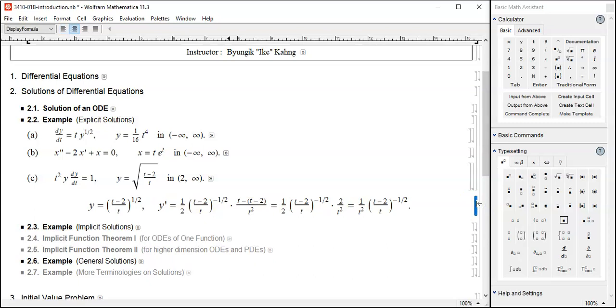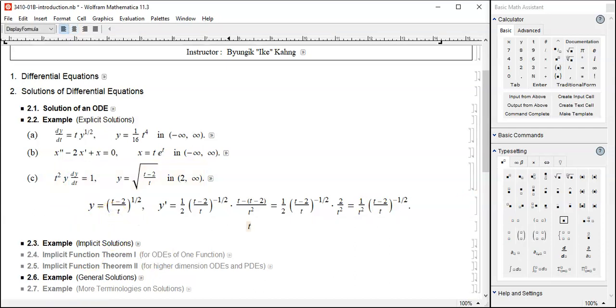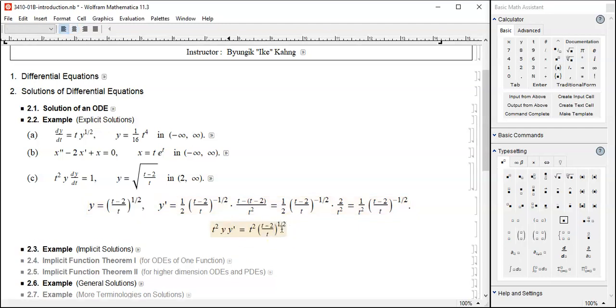Okay. So, how do we check? We just check the derivatives. So let's put everything to the left-hand side and let's see if we actually have what we want. T squared times y prime. What is that? T squared times, that's y, times, that's y prime.